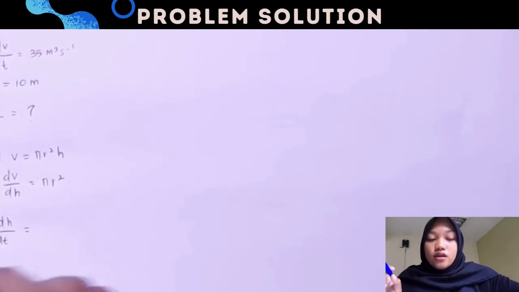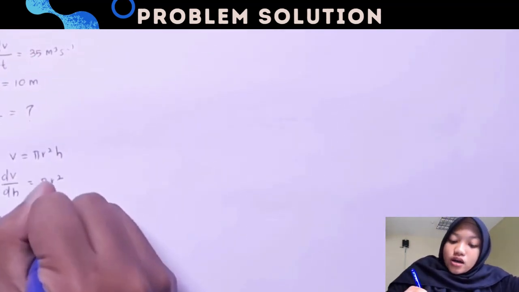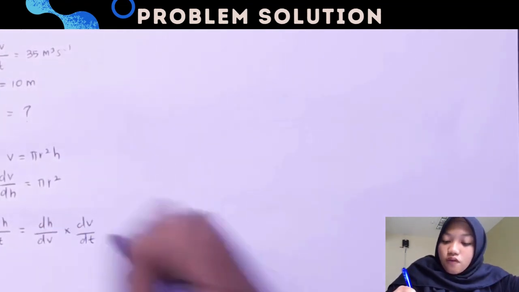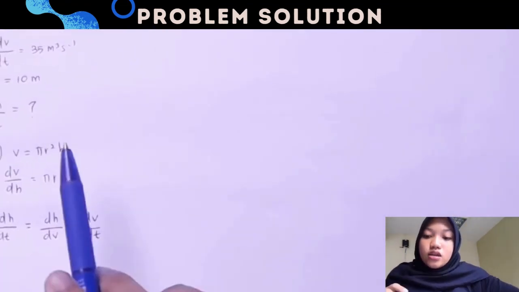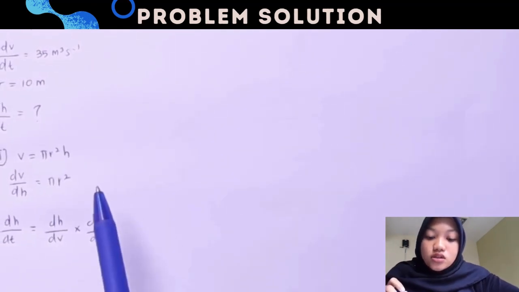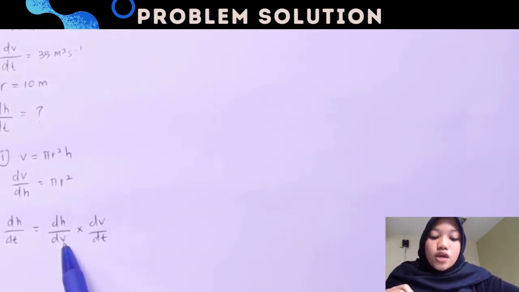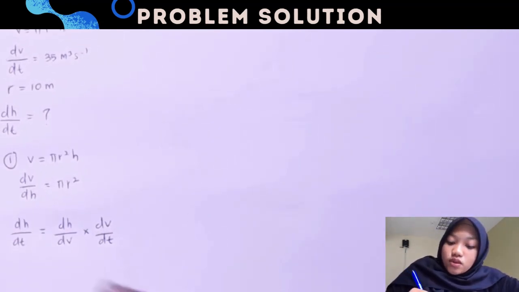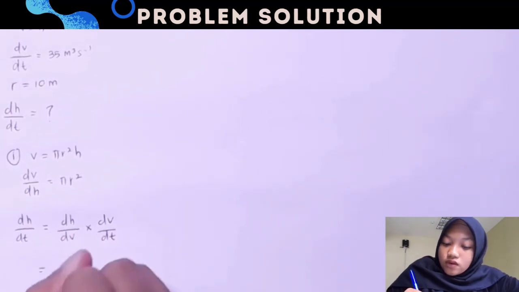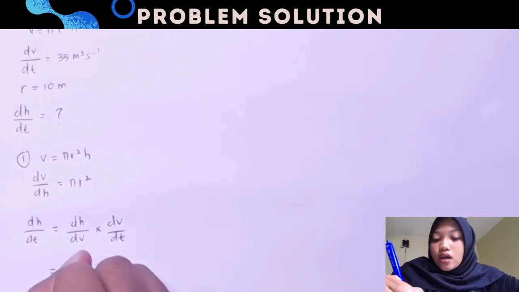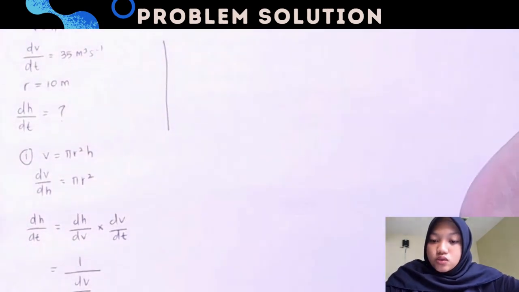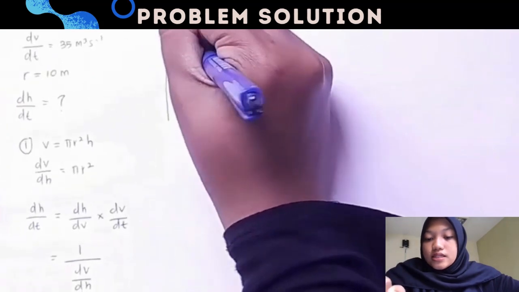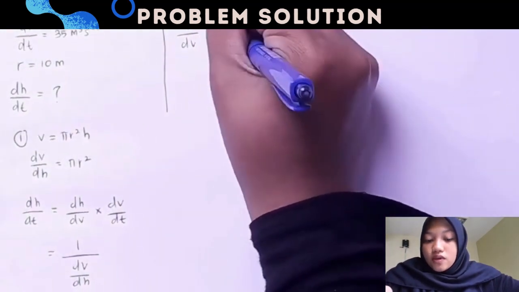We have to derive the formula: dH over dt equals dH over dV multiplied by dV over dt. But in this question, dH over dV is not given, but we already have dV over dH. So we have to reverse it, and we will get 1 over dV over dH. I will write it here so that you are not confused: dH over dV is equal to 1 over dV over dH.